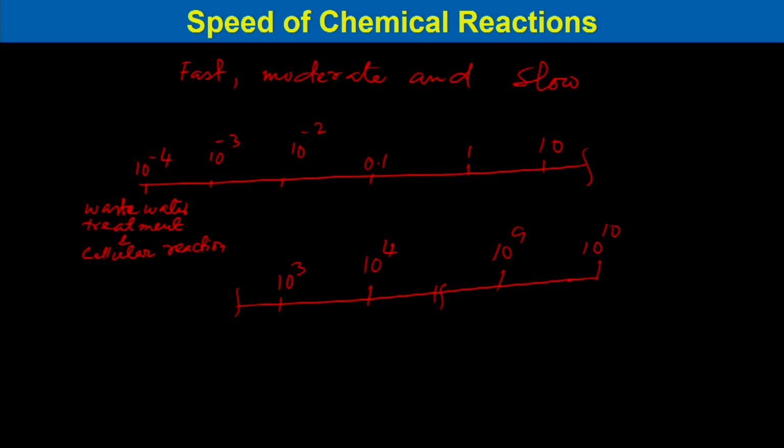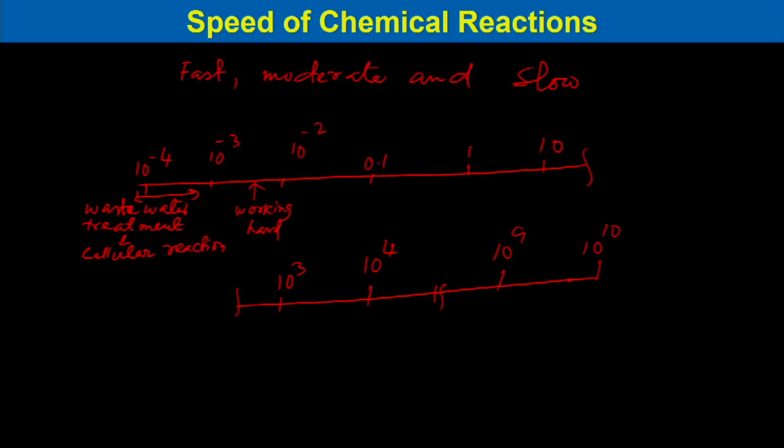those are in the order of 10 to the power minus 4 to 10 to the power minus 3. If we look at human systems under working conditions, they are in the order of close to 10 to the power minus 2.